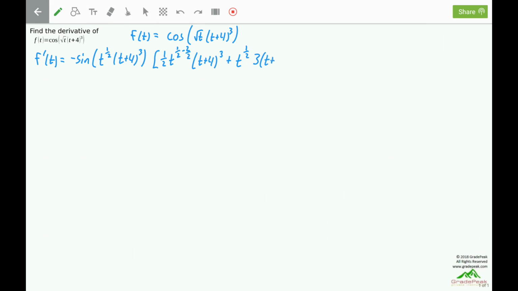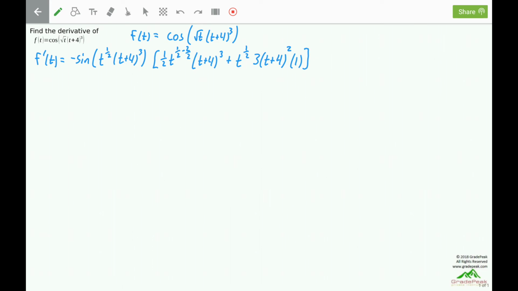Now the second is the (t plus 4) quantity cubed. So we're going to bring the power down, subtract 1 from it, and then multiply by the derivative of the inside. Well, the derivative of the inside for that one is just going to be a 1. And that completes our product rule for the derivative of the inside of the original trig function for the chain rule.